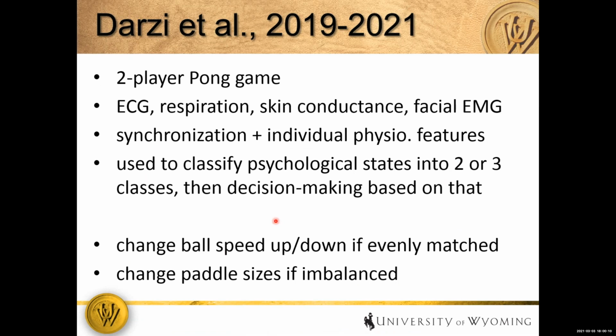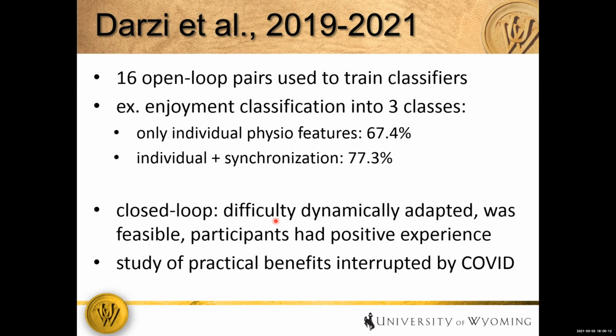And we used this on 16 open loop pairs to just train our classifiers that would say, okay, this is evenly matched, this is unevenly matched where one of them is winning, this is unevenly matched where the other one is doing well.